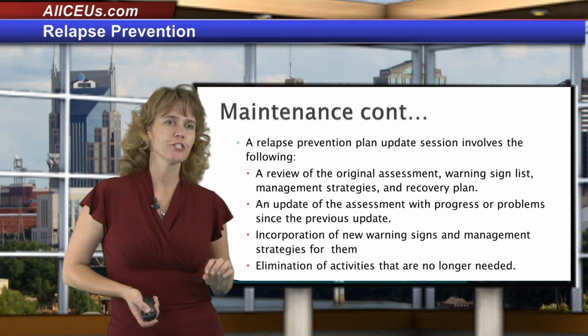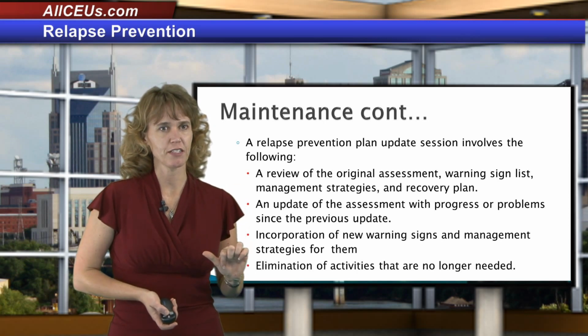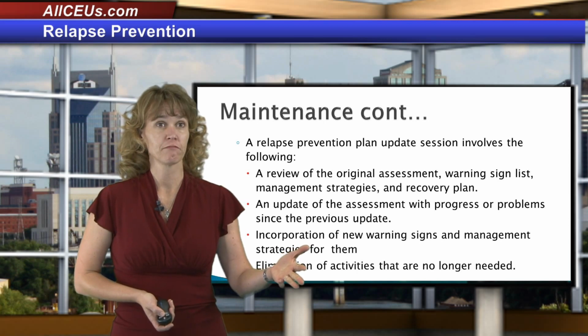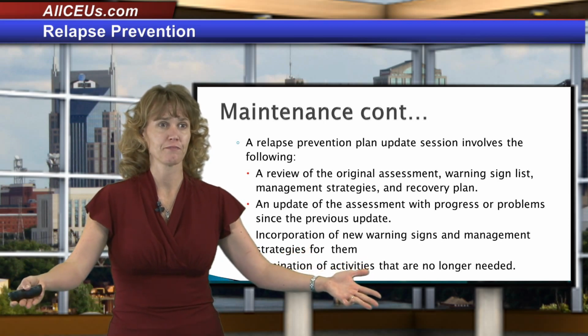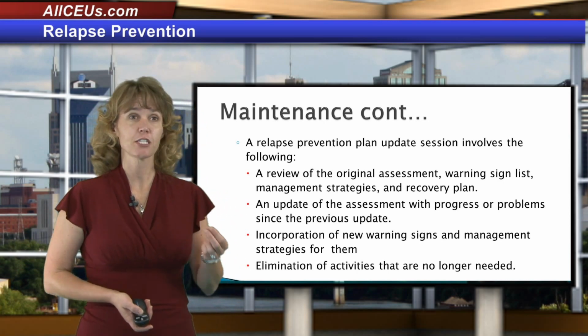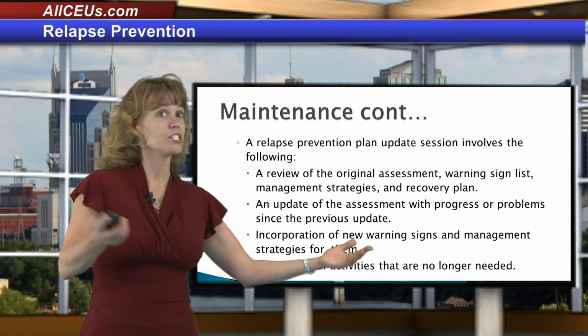A relapse prevention plan update session involves a review of the original assessment, warning sign list, management strategies, and recovery plan. Let's see what we're already working with. An update of the assessment with progress or problems since the previous date. What's changed? What do we need to change?